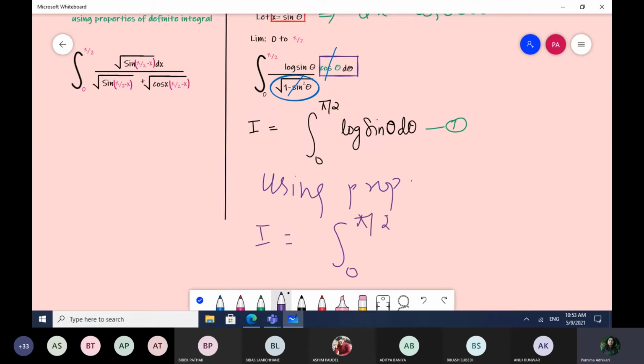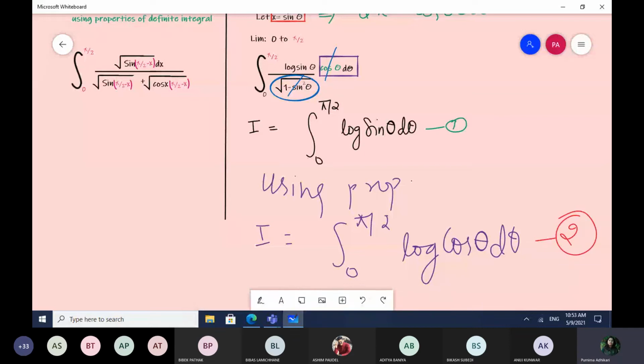I will just directly write down the result. In place of log sin theta, theta will be replaced by pi by 2 minus theta. So you will get cos theta, so log cos theta d theta. I hope this is clear to everyone. If you have any doubt, please ask me. So this is your equation number 2.